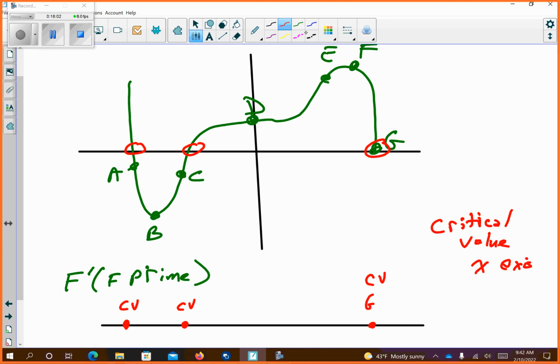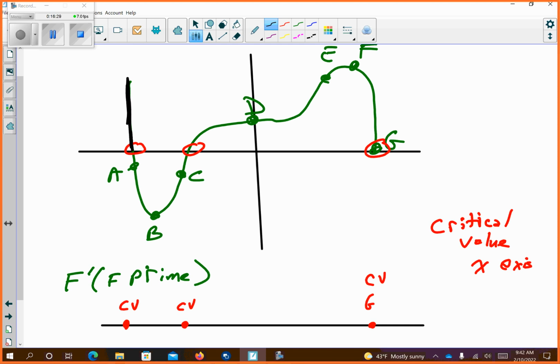All right, so critical value, cross the x-axis. Another word for critical value is a solution. It'd be a point you could plug in, you'd put a number in, and your y value would be a 0 when you plug it into your equation. All right, so my sign chart, let's go from here to our critical value first.